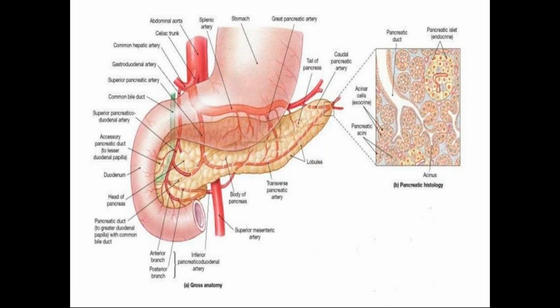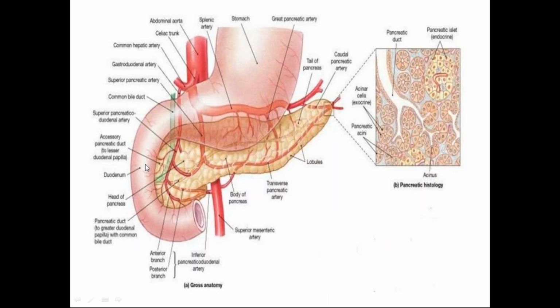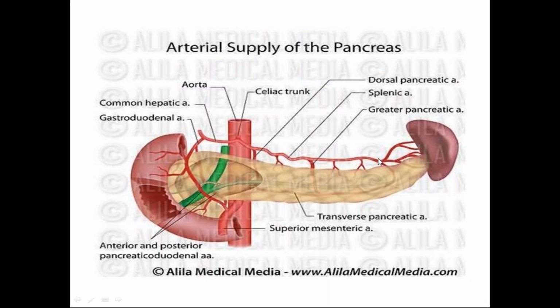Coming to the exocrine portion, it helps in the release of many enzymes which are helpful in digestion of fat. These enzymes are released into the small intestine, which helps in the digestion of various components of the diet.